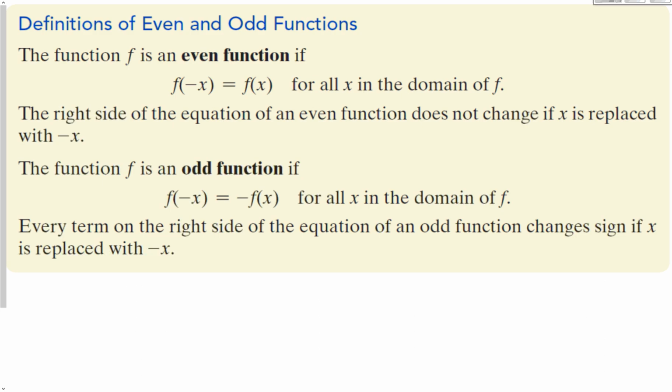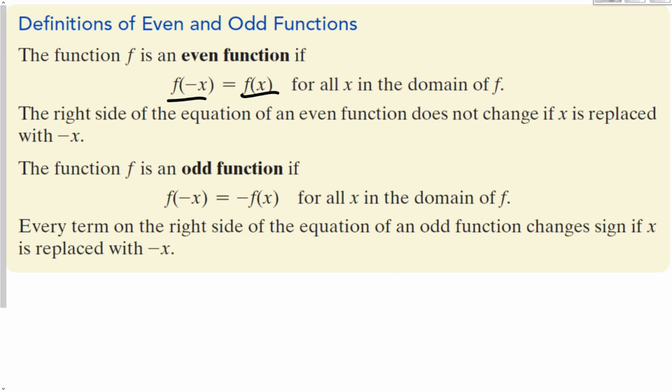So the function f is an even function if f of negative x is equal to f of x for all x in the domain of f. That means that if I replace all the x's in the function with negative x's, when I do all the calculations and simplify, nothing will change. So f of negative x is going to be the same as f of x.